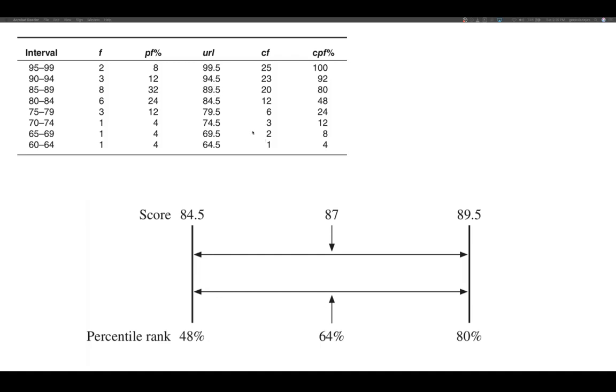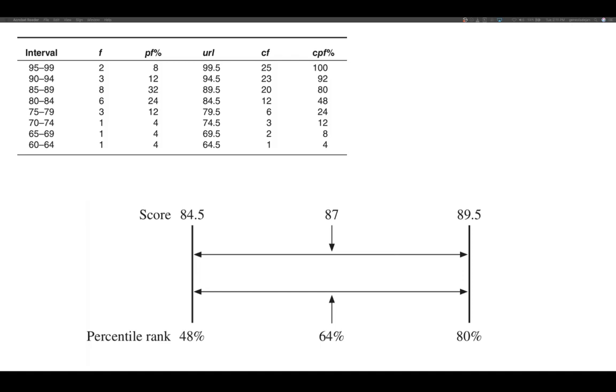Now we can also assume that 4 of the scores are between 84.5 and 87, which is the midpoint of the interval. And then we also have 4 other scores which are between 87 and 89.5. So they are distributed evenly in this class interval.